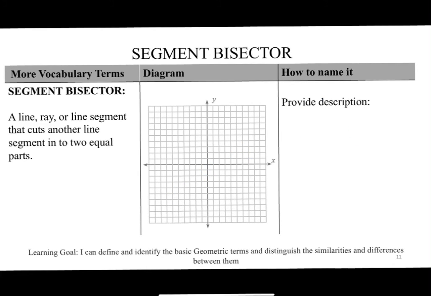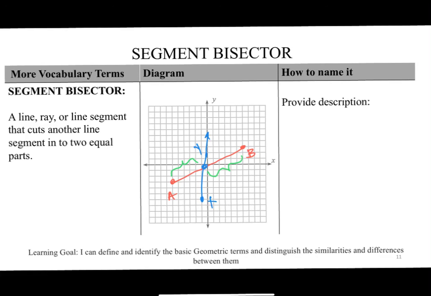So the last term we're going to look at in this section is a segment bisector. A segment bisector is any geometric figure, like a line, ray, or line segment, that cuts another line segment into two equal parts. For example, I could have segment AB being bisected by ray XY. What you have to make sure you understand is that this segment AB was cut directly in half, so this distance would be the same as this distance here.